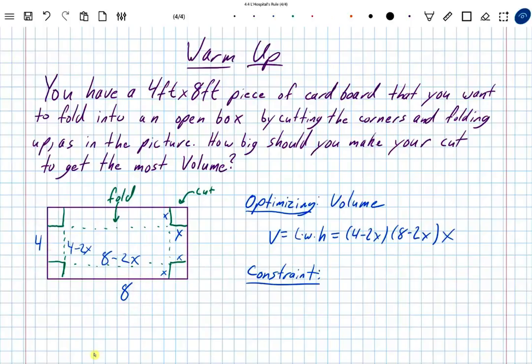So there is a secret constraint happening. We could write it if we want to, but it's not going to really change anything, which is just that x has to be between 0 and, what's the biggest x could be? 2. So there is that constraint, but that's not going to really change our volume equation for the optimization purposes.